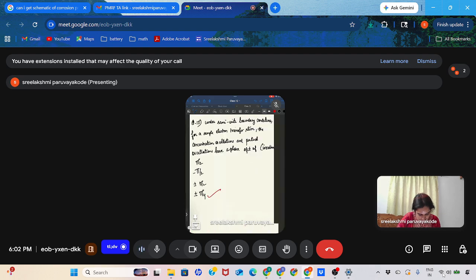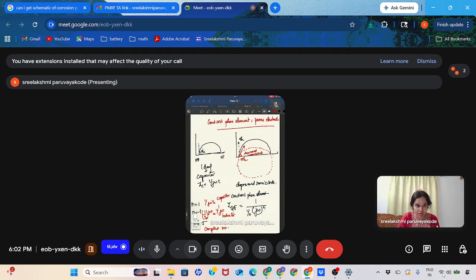Before that, we saw the constant phase element. So I'll give a brief description of what we saw and then start today's class.